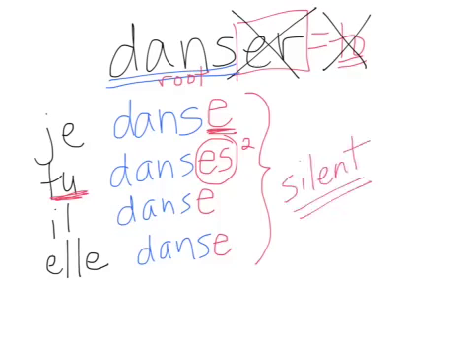We need to make sure to get the correct ending on each one of our verb roots. So for pronunciation, we would say je danse, tu danses, il danse, elle danse. I think we pretty much know that. It may be the plural form that we're getting stuck on, so that'll be on the next page.